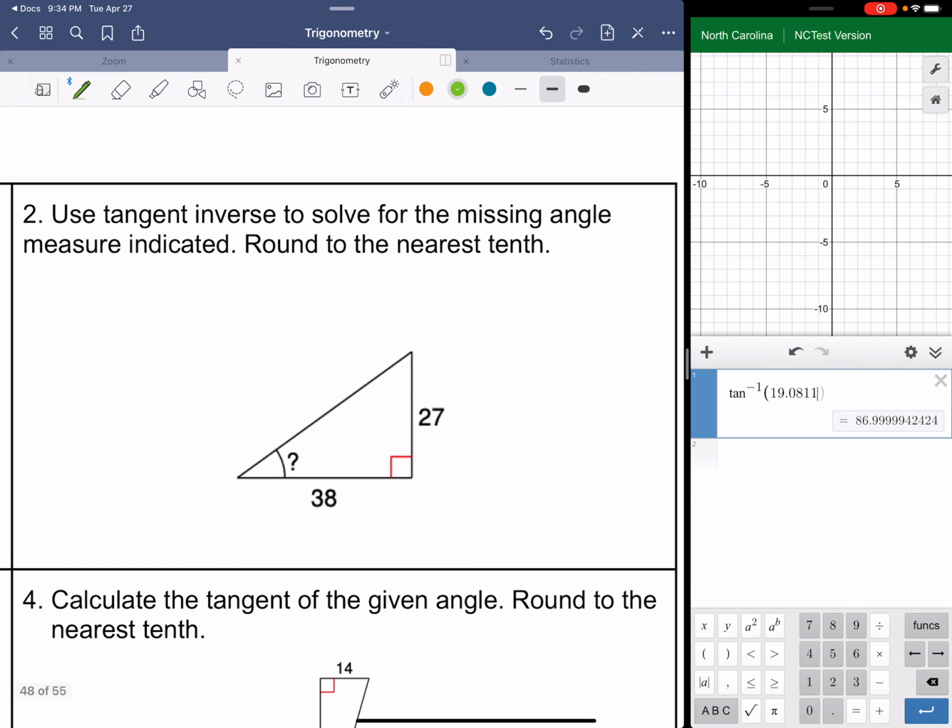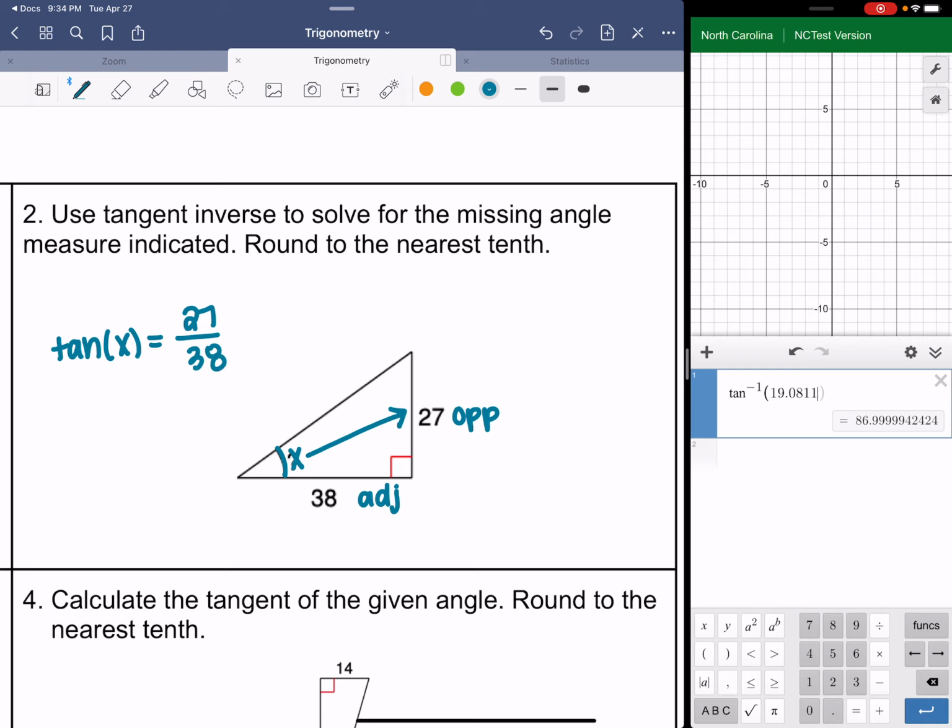Now, using an actual triangle, we will set up the tangent inverse in order to solve for a missing angle. So we're going to call that angle x and set up the opposite over adjacent. So the tangent of x is equal to 27 over 38.